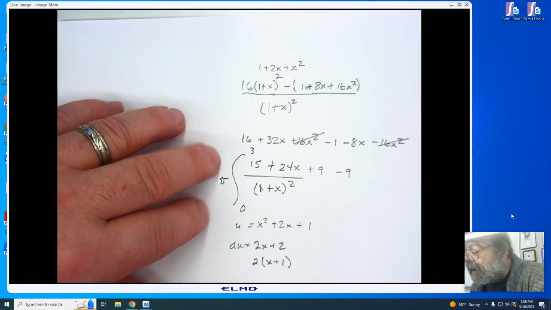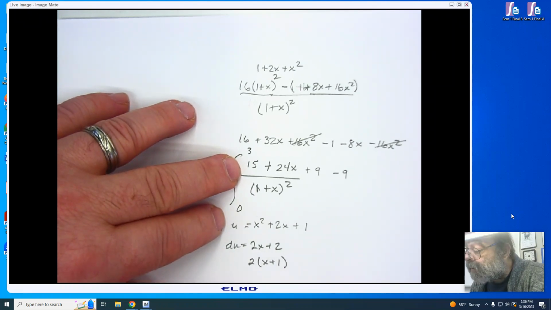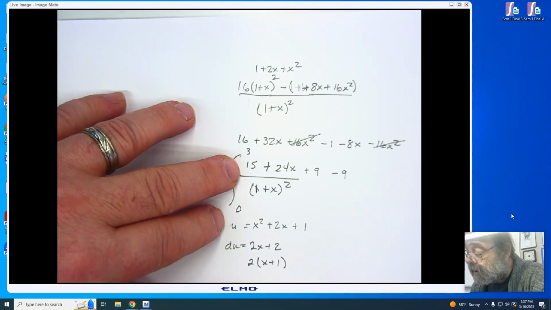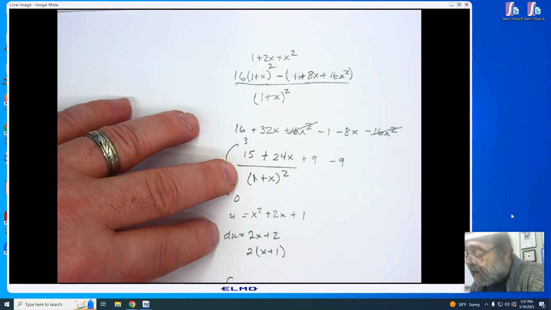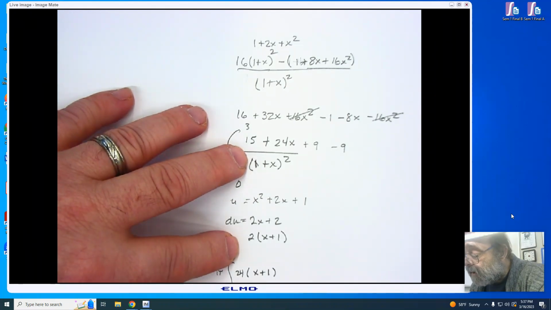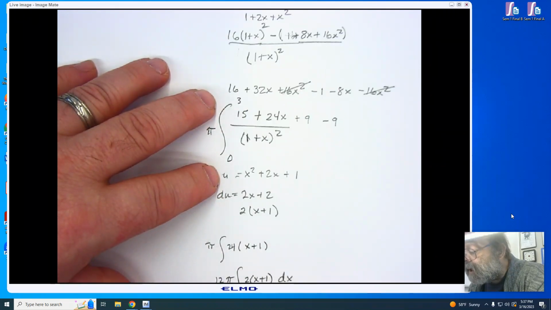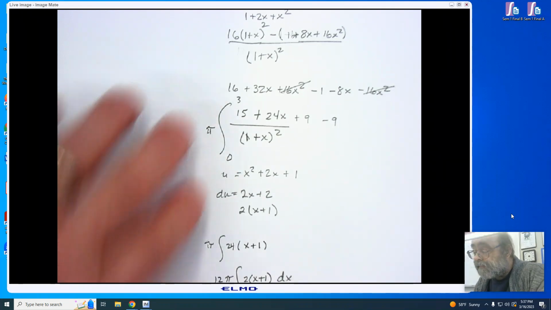So I have pi, and I'm looking at factoring that 24 out, so that I have x plus 1. And that means that I can have a 12 pi multiplied by 2 times x plus 1 dx, and this would be over the x squared plus 2x plus 1.